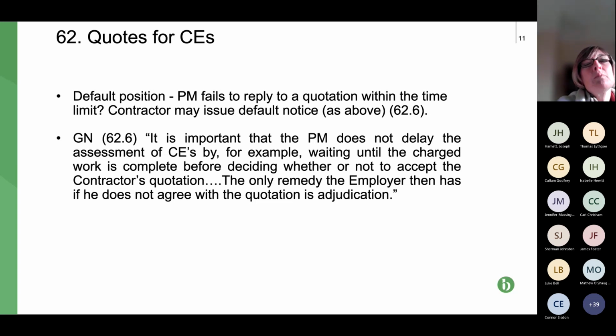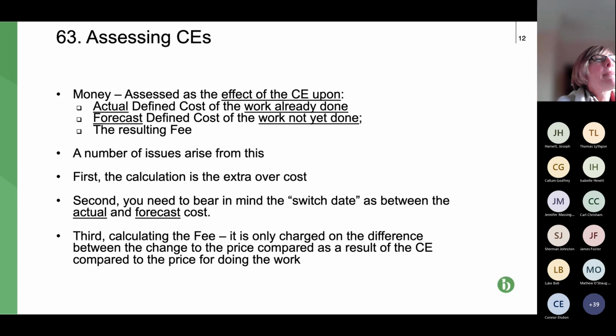Which brings us on to the next point, what happens when the different parties have accepted quotes? So what if the PM accepts a quote? Well, they're accepting it on behalf of the client or the employer, but the employer can still go to adjudication to get that reversed. It's quite difficult and there's quite a lot of case law on it, and the courts aren't keen to change the PM's decisions for lots of practical reasons.